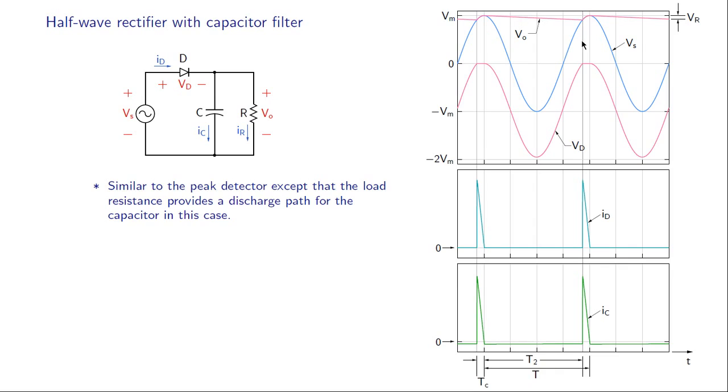At this point, the input voltage rises again above the output voltage, that is the P end of the diode is now higher than the N end of the diode, and the capacitor gets charged again, and this process is instantaneous because the time constant for this charging is very small.